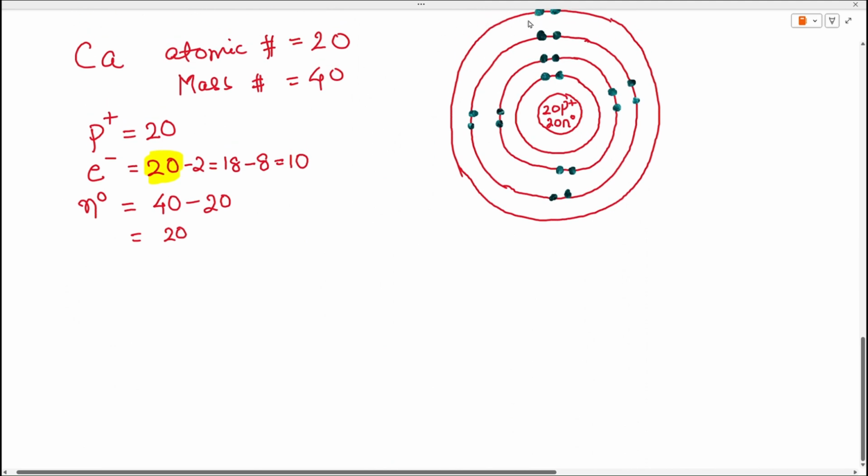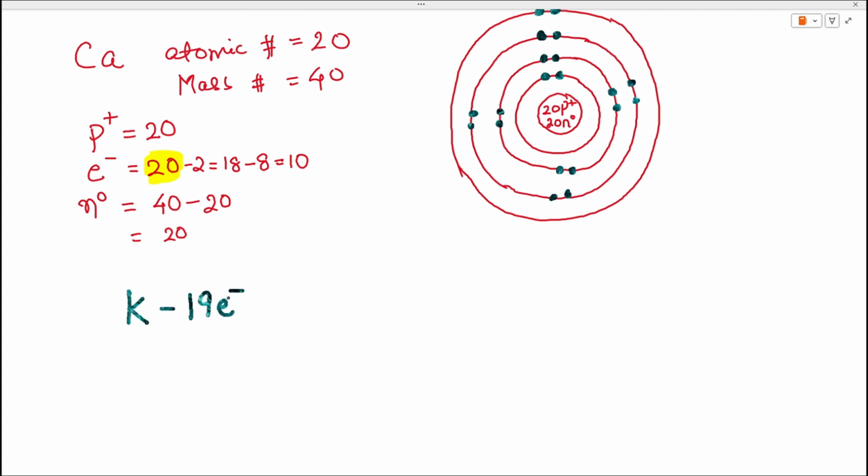So let us now take the example of potassium. Potassium has a total of 19 electrons. So now we'll not be putting the electrons because you already know how to draw the electrons in the shell. We'll just try to review the rule and see how the electron configuration is going to look like. So potassium atomic number is 19 and mass number is 39.